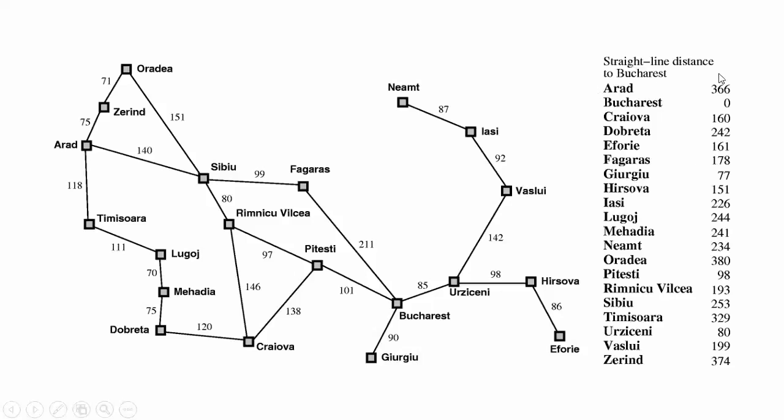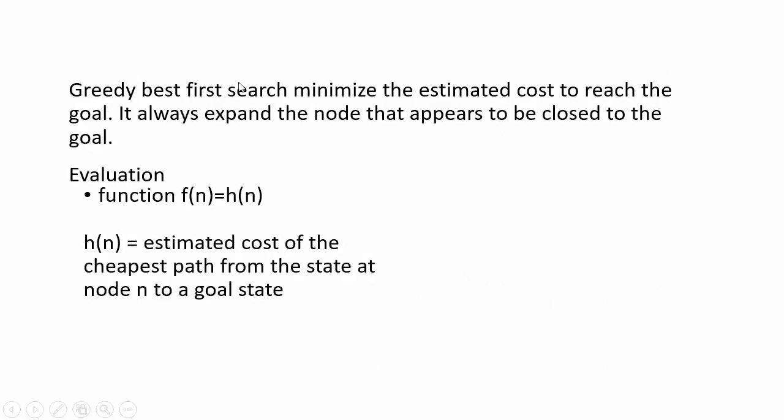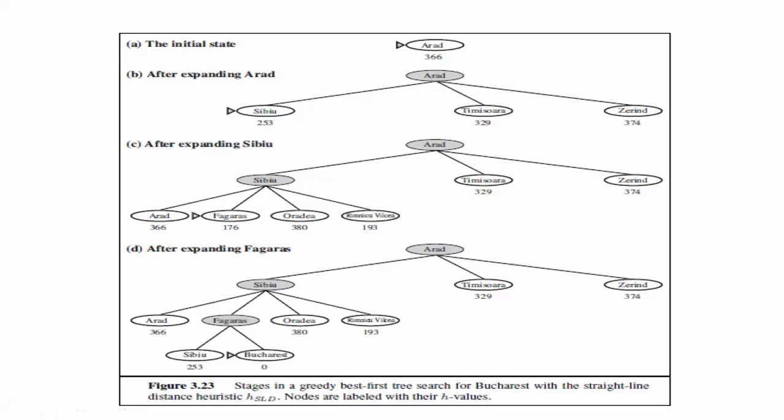The straight line distance to the destination we call the estimated cost. When you work with greedy best first search, you concentrate on the estimated cost only. Let us discuss with an example how the estimated cost is useful in traversing the path from source to destination.